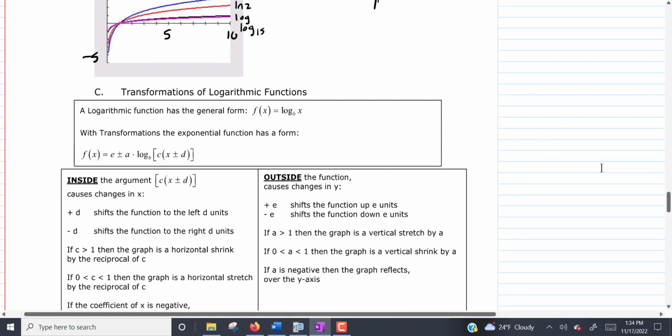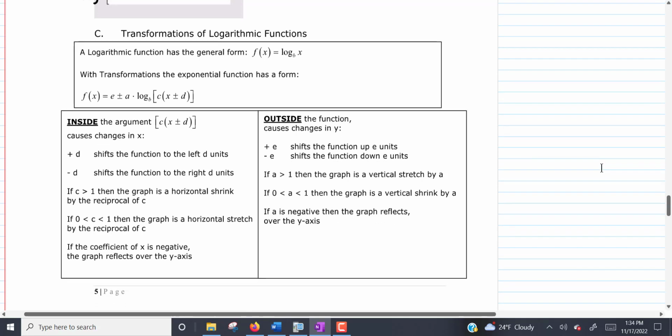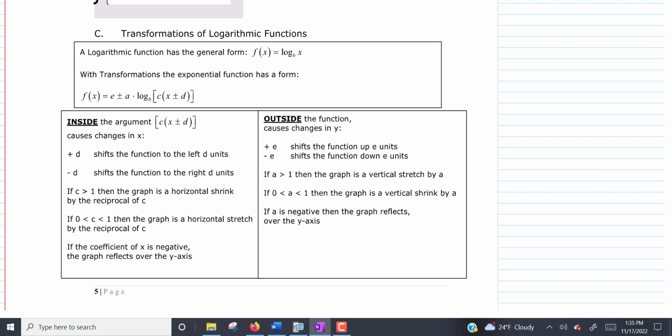Okay, next I want to talk about transformations of log functions. Transformations always work the same way. The way I like to teach this is if you're inside the log, then it causes changes in x. The argument in this example would be c times parentheses x plus or minus d.